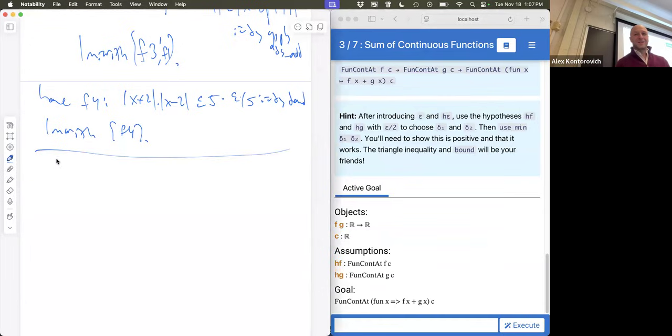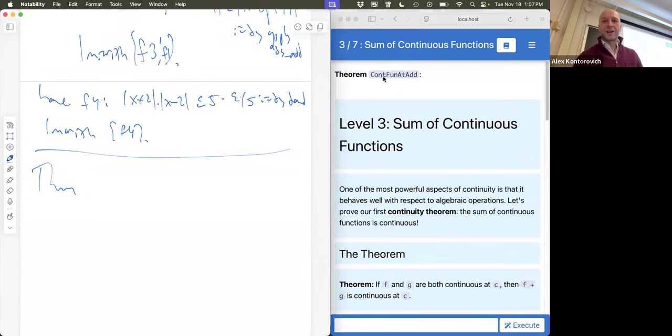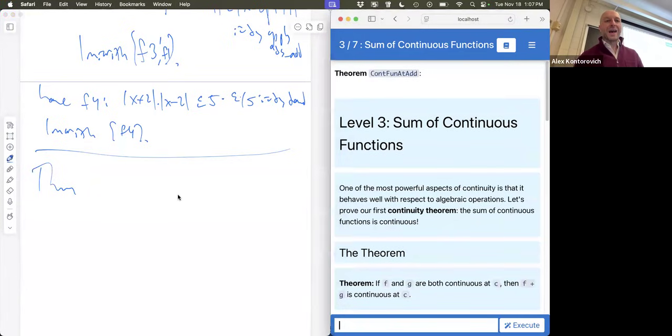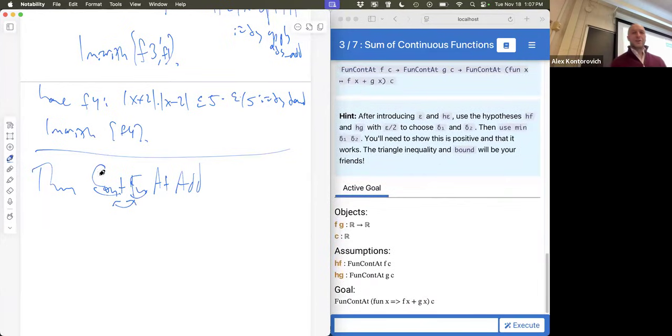Okay, here's the theorem. Does it have a name? I thought I gave it a name. Yeah, here it is: FunctionContinuousAt add. This is a bad name. It should be called FunctionContinuousAt add. All right, and what it says is you have two functions, f and g, and a real number x equals c.